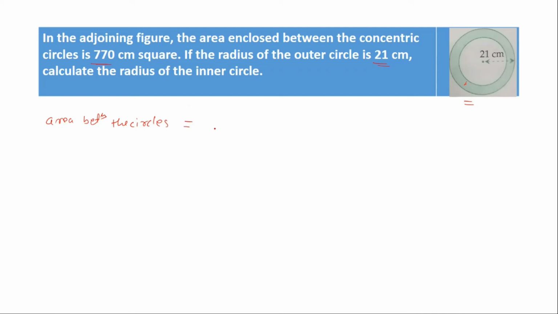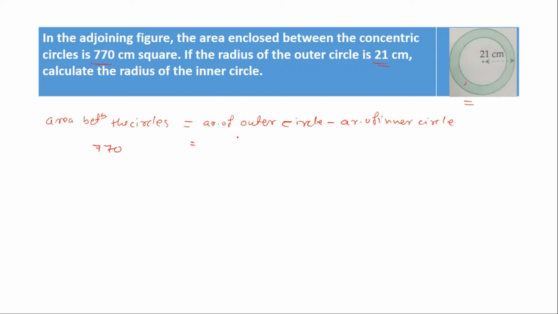This will be area of outer circle minus area of inner circle. So the value is given 770 centimeter square.